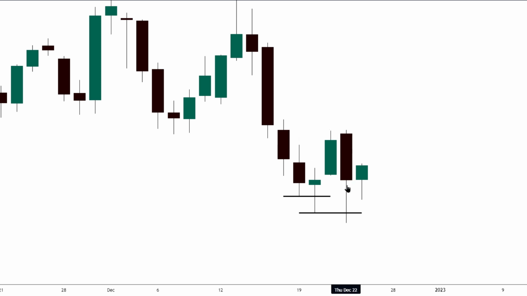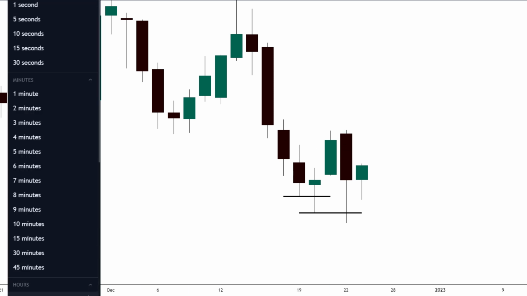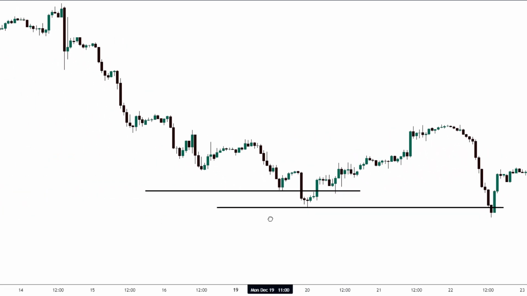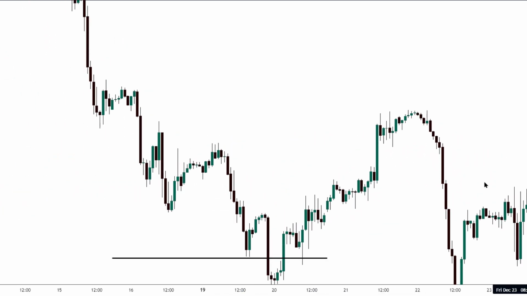And then it came back down in one swift move and cleared out this daily low. And then immediately went all the way back up. Then we'll go ahead and look at a smaller time frame. Let's go to the 1 hour chart and break this down: what happens, why it happens, and how you guys can use it in your trading.